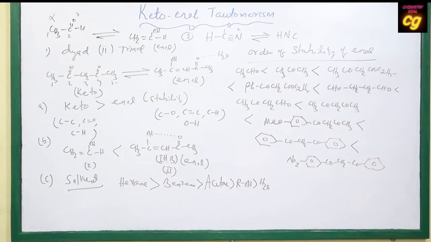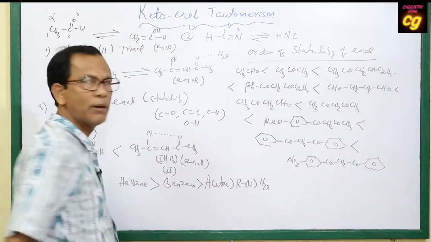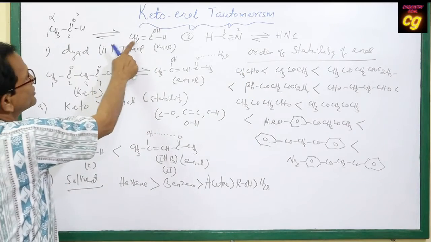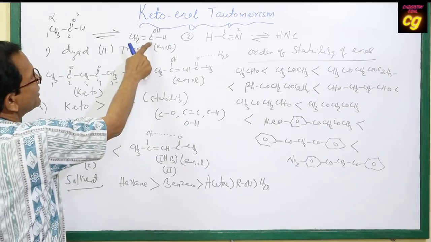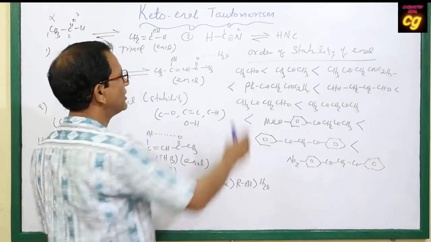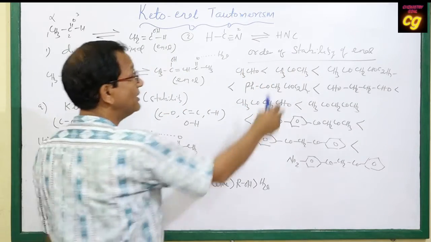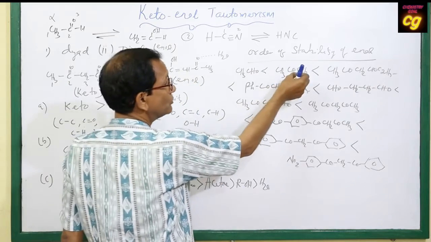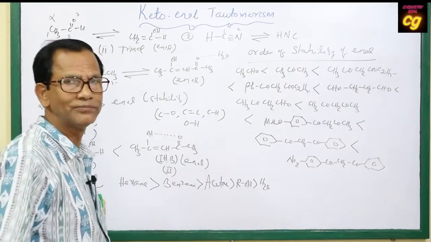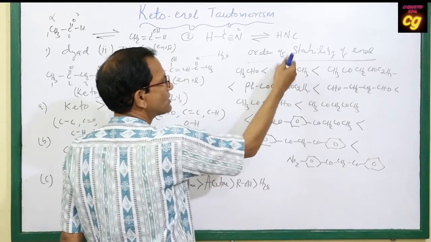Here the very important thing is in which case the stability is increasing. The order of stability of enol form begins with CH3CHO, whose structure we have already drawn. The enol form of CH3CHO is CH2=CHOH, but it has no hydrogen bonding, that's why the enol form of this keto form is less stable. Then for CH3CO, the stability increases because of the position of the methyl group, which gives hyperconjugation.